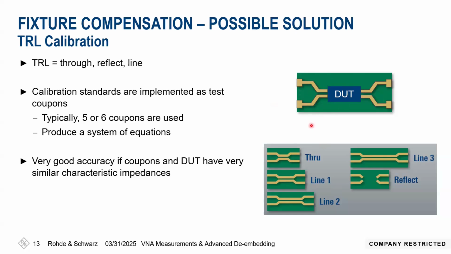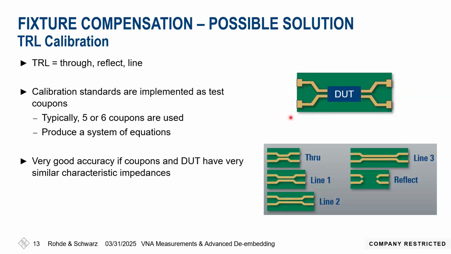For example, if your DUT is going higher in frequencies, then you need different line structures for different frequency ranges to characterize the complete frequency band. Also, in the lower frequencies, you also need a match standard as well. So in this TRL calibration, you need different coupons to characterize it.